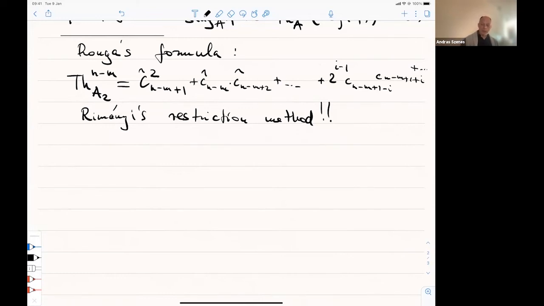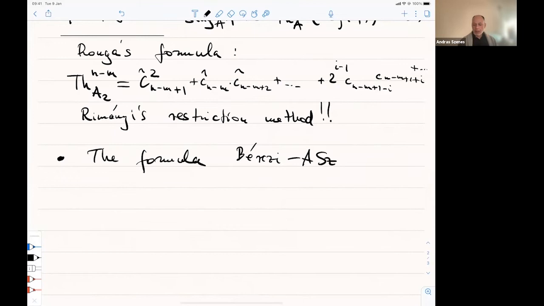Okay, so let me now go to the formula. So this is work by Berczi and myself, and after we found our results, in fact, it was rethought and recast in a much better form, with some very deep insight by Maxime Kazarian.